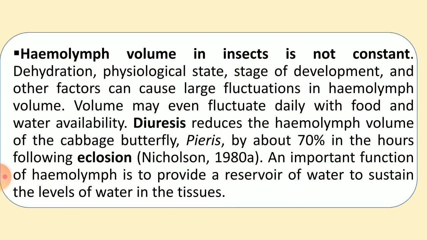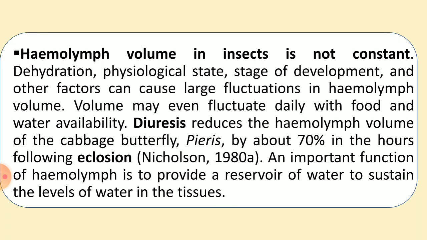So volume may even fluctuate daily with the food and the water availability. Dehydration reduces the hemolymph volume of the cabbage butterfly, Pieris, by about 70% in the hours following eclosion.